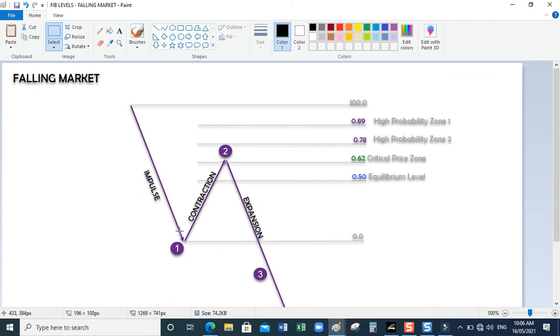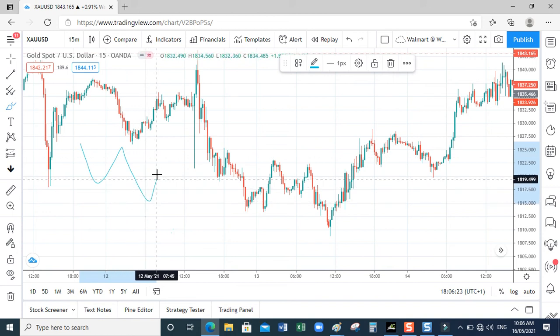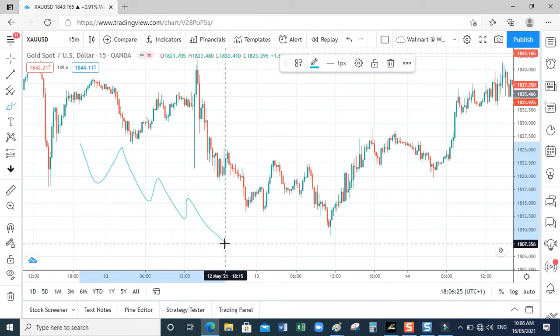So that means price hits this level, then it's going to retrace upward. Market moves in a wave structure, zigzag, zigzag, zigzag. It does not move in a straight way.